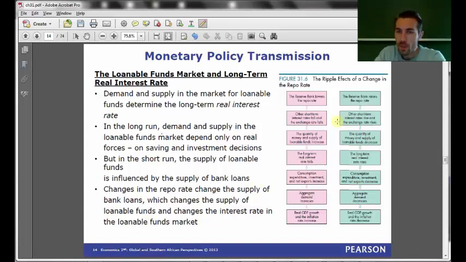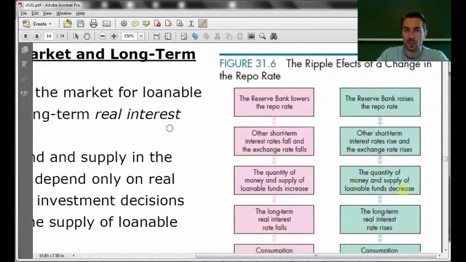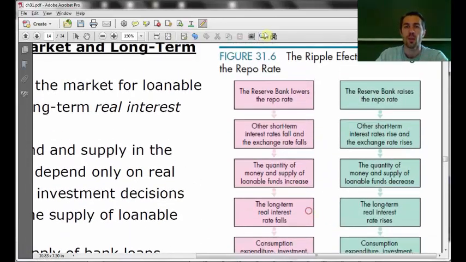So we have that discussion shown here as these little blocks, and then we can show what it looks like in a picture as well. So the Reserve Bank lowers, okay, so we're starting with lowers.